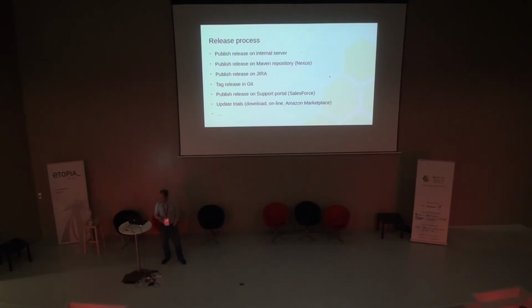Many things, actually. We publish this release, these artifacts internally on an internal server. We publish it publicly or not on our Maven server, Nexus. We publish the release in Jira. We tag the release in Git. All of that can be automated, and we have automated it for some of the products.